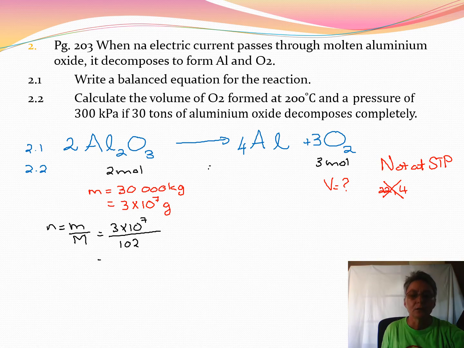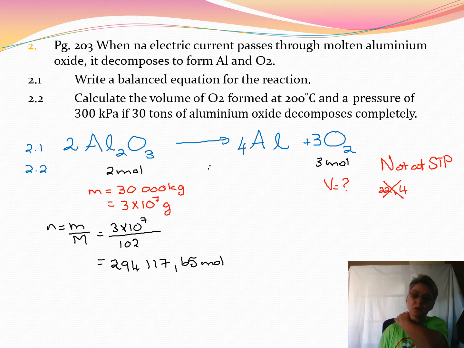That divides into 3 times 10 to the 7 and you get 294,117.65 moles.